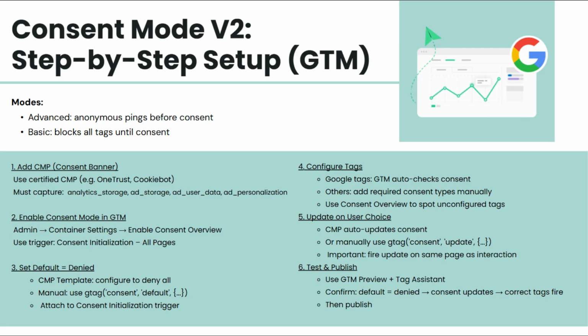The Cookie Information CMP, for example, has a setting where advanced mode will load tags immediately with no cookies if denied, versus basic mode will suppress tags until consent. We'll cover testing how these behave soon, but the step-by-step implementation above is largely the same. The difference is simply whether you allow the tags to fire in a limited way or not at all pre-consent.